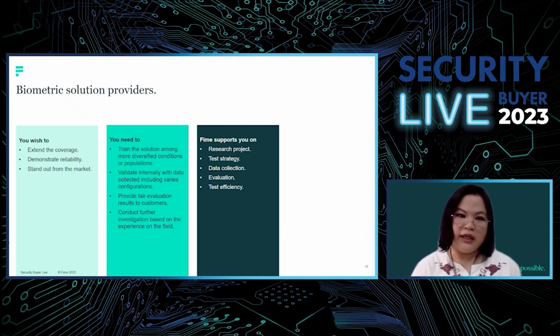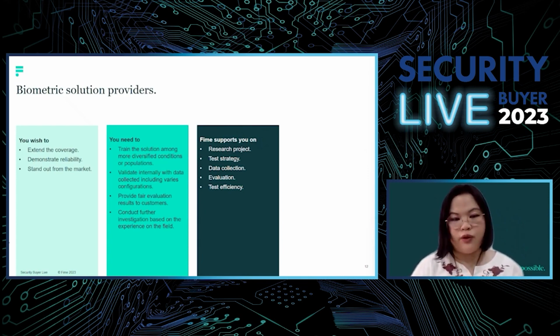And after the training, before launching the solution, you will also need to validate internally. The data used for validation should include variety during the validation phase to ensure this solution has bias under control.